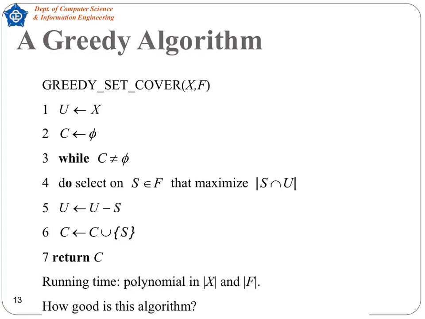Remove those newly covered elements from U, and add S to C. 3. Once U is empty, return C. This simple greedy procedure runs in time polynomial in the size of X and F. But the natural question is, how close to optimal is the cover it produces? Next, we'll analyze its approximation guarantee.